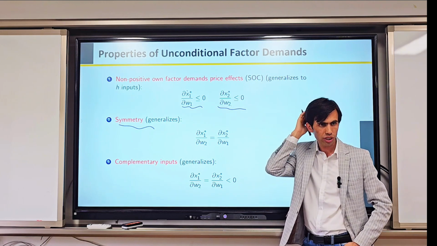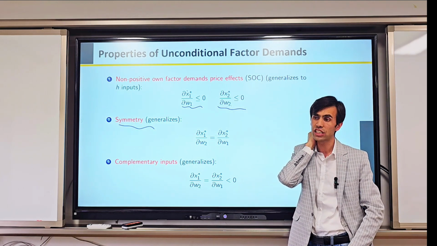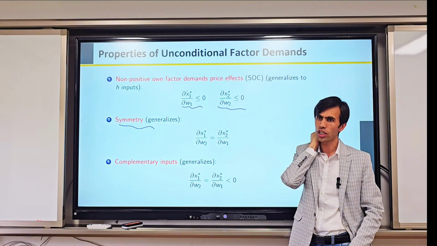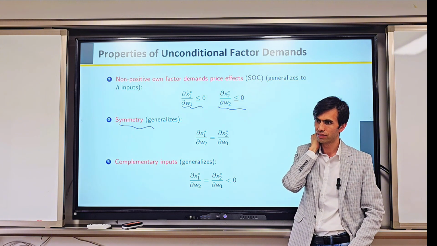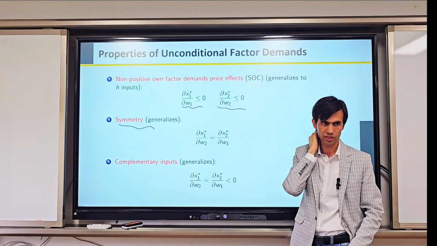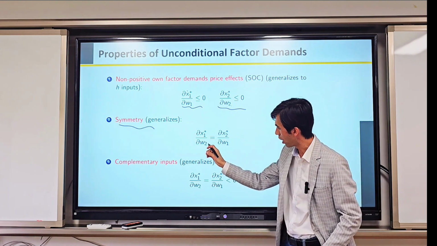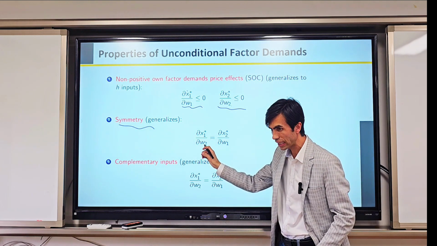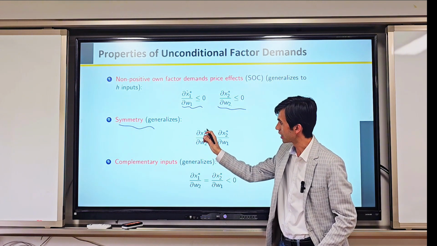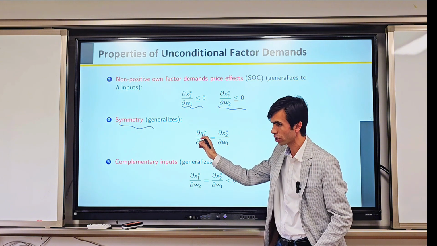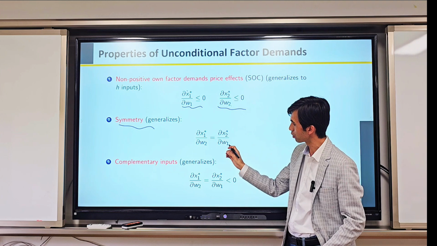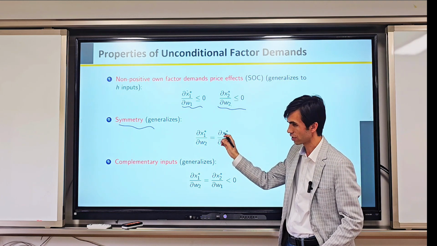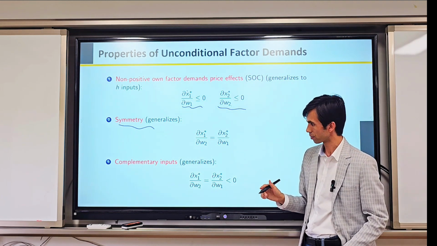As you know, in consumer theory, specifically in the Hicksian demand function, the cross partial derivative was identical. Here also, when the price of input 2 increases, its effect on the demand for input 1 is equal to the effect on input 2 when the price of input 1 increases.